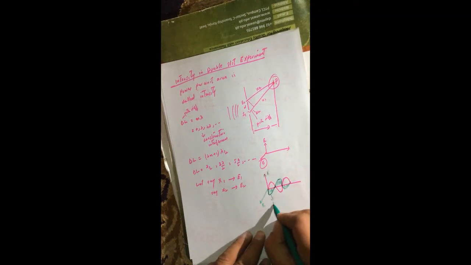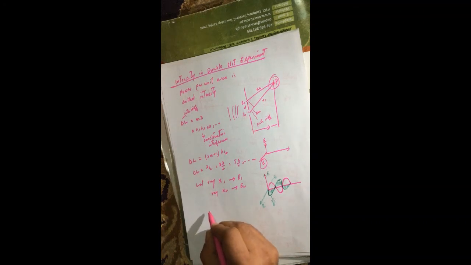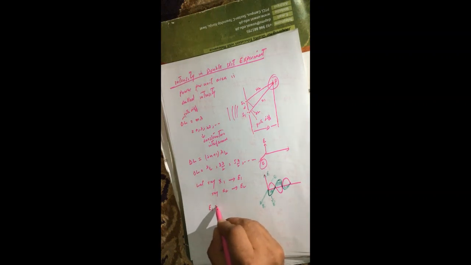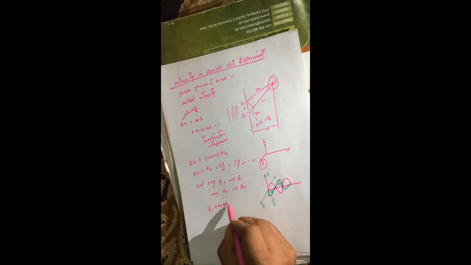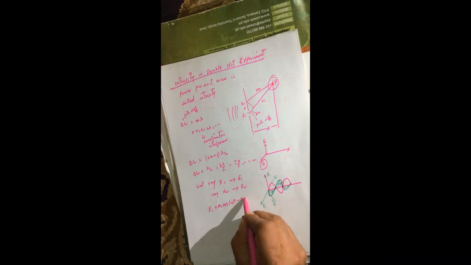So the electric field is of this form: E1 is equal to A1 cos(omega t minus k x1).